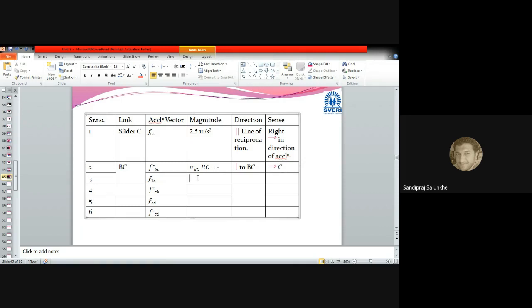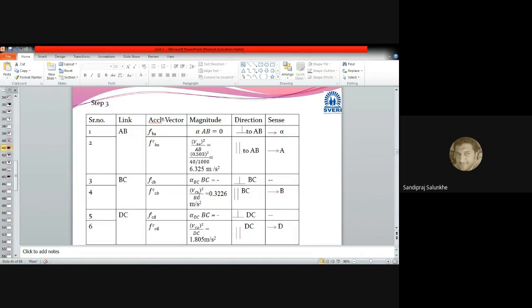Next component, which is the magnitude of that length: V square divided by BC. Velocity of B with respect to C, square, divided by BC.